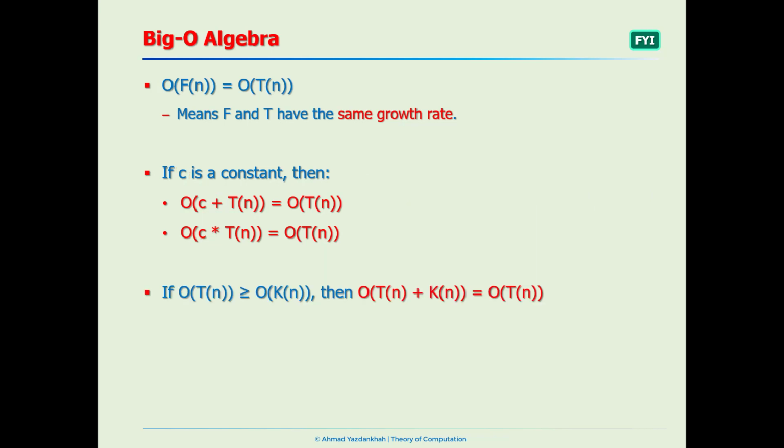Also, if big O of t of n is greater than big O of k of n, then if you add them, you can eliminate this k of n because the bigger one is the important one.